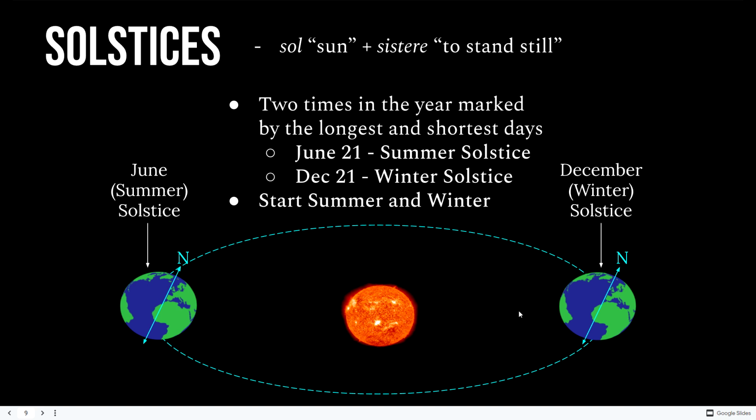And it's the official start of summer and winter, even though we consider the start of summer and winter to have happened before that. This is the official astronomical start of summer and winter. And it's because of those day lengths. And you'll notice when one hemisphere is having their longest day, the other hemisphere is having their shortest.